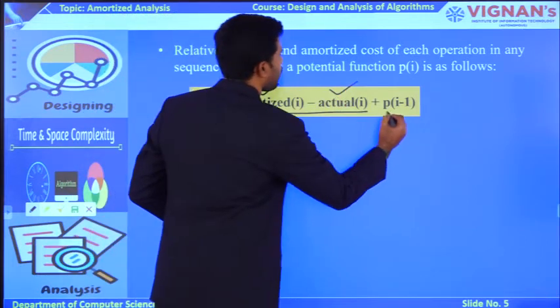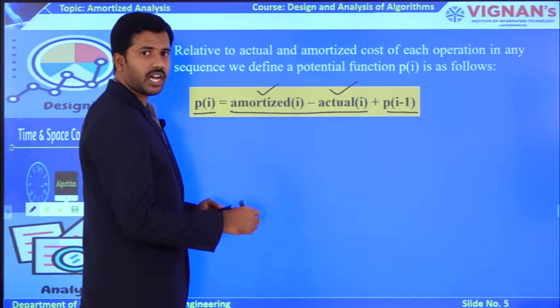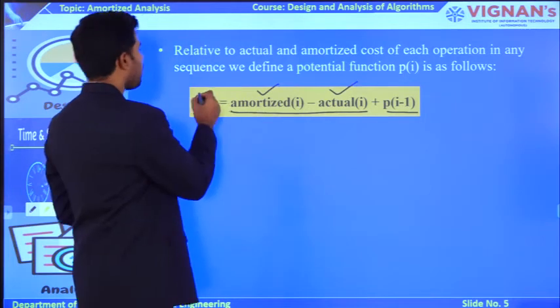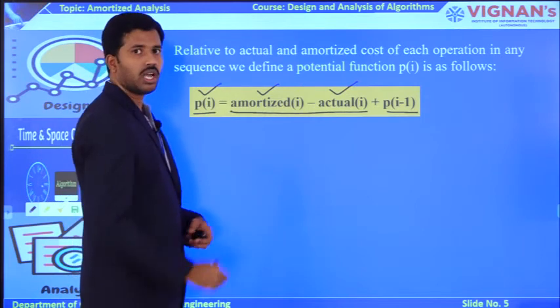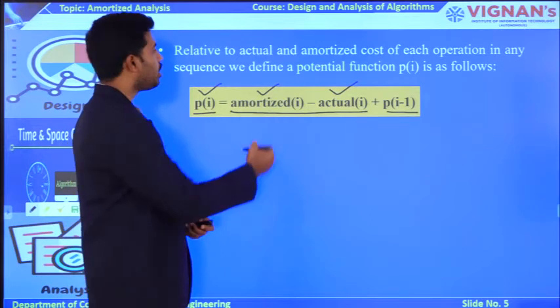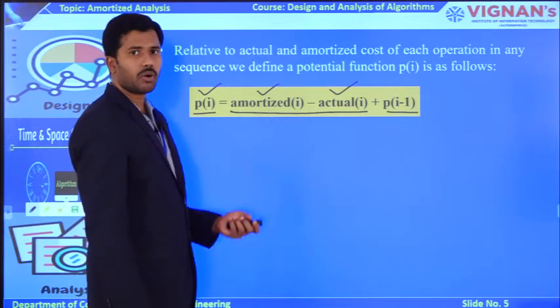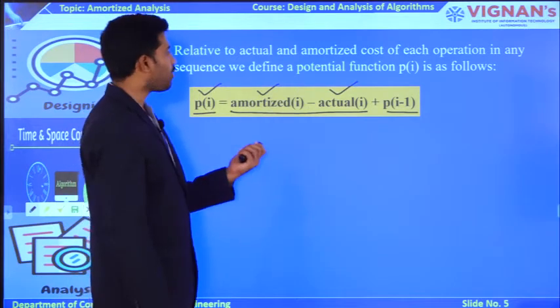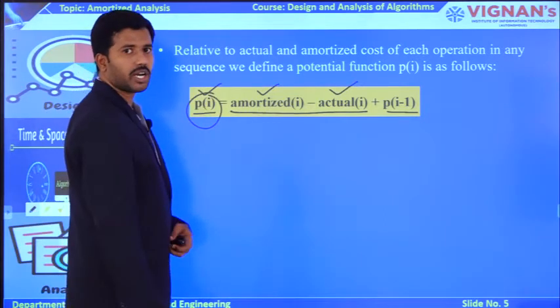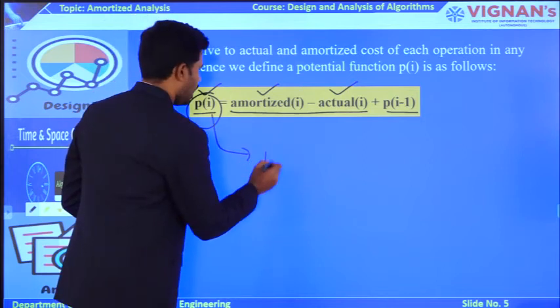And what about P of I minus 1? This defines the potential cost for the previous operation. Then only can I get the total cost for the current operation, right? Based on this principle, you have a potential function. So this P of I gives the potential function for the ith operation only.